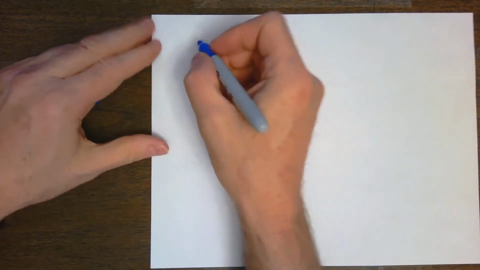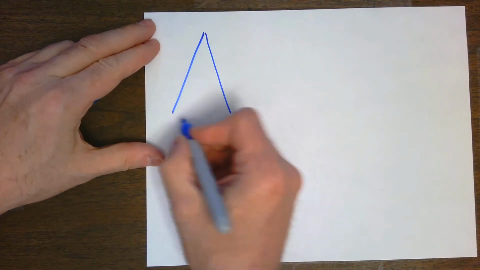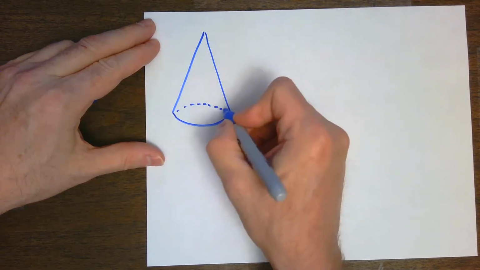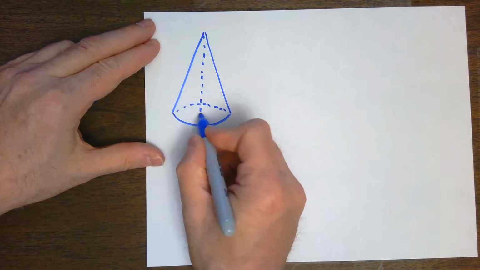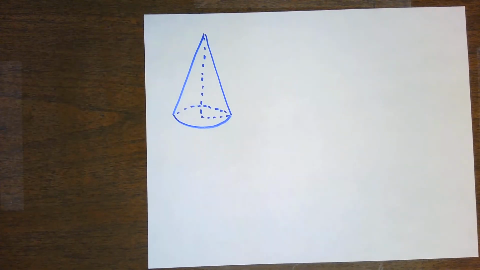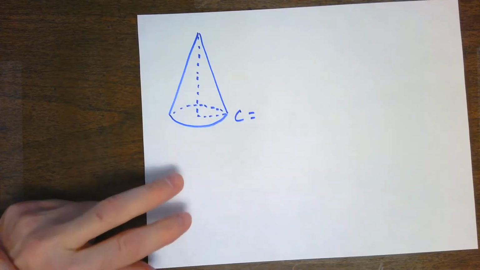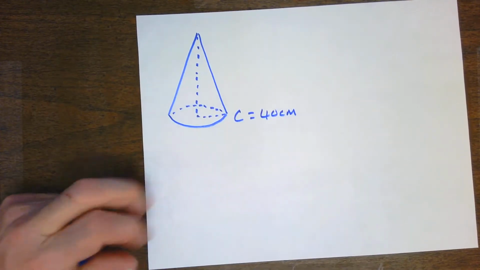Let's say I have a cone, and I'm going to tell you that the circumference of the base of the cone is 40 centimeters.